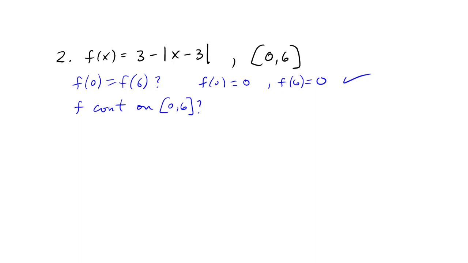So if we take a look, this would have been the absolute value of x shifted 3 to the right, and then flipped, and then added 3. So if you went through and did this, you should find that it basically looks like this, where that's 0, that's 6, and that's 3.